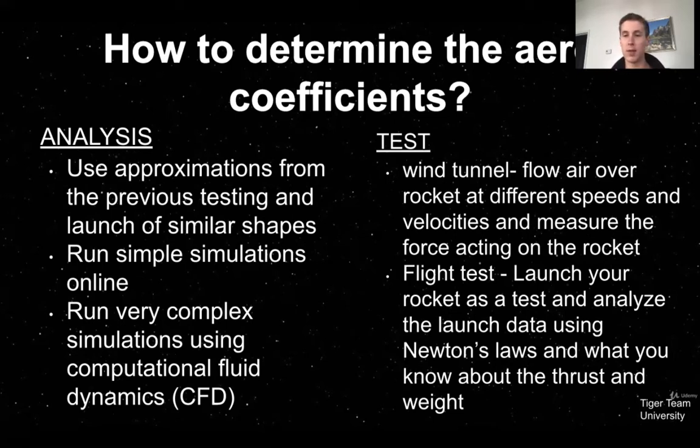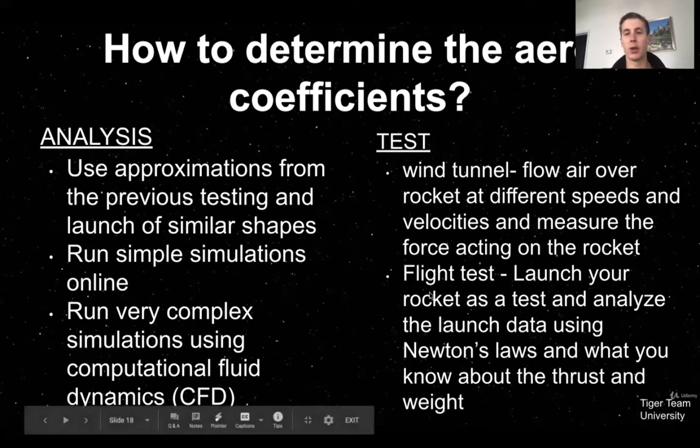But some of these CFD simulations could use many computers at the same time, computing results for weeks on end. So they are very intense from a mathematical perspective, but they give you the best analytical estimates of what these drag coefficients will be for different phases of rocket flight.